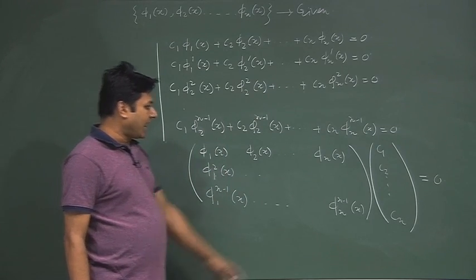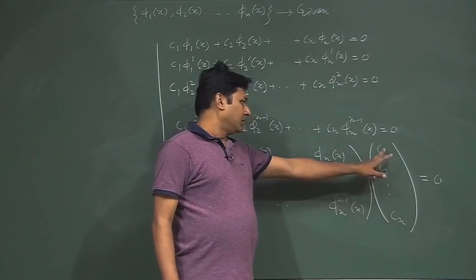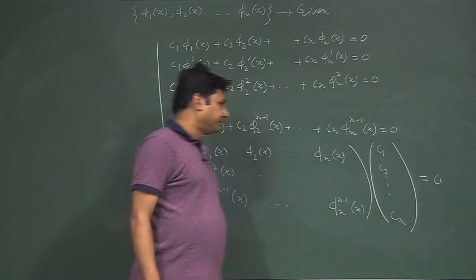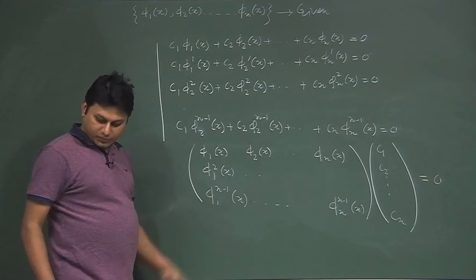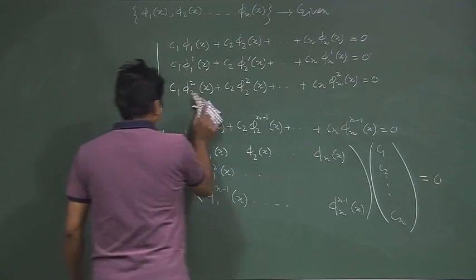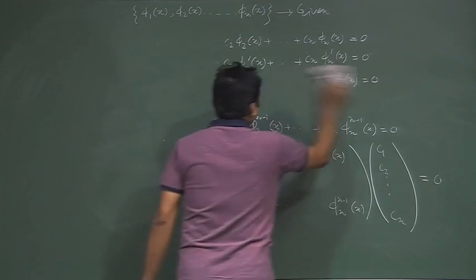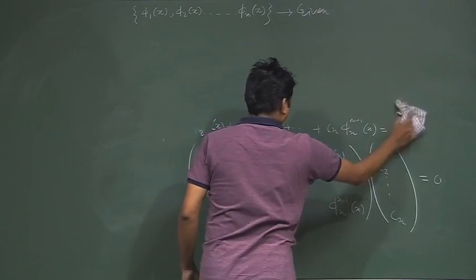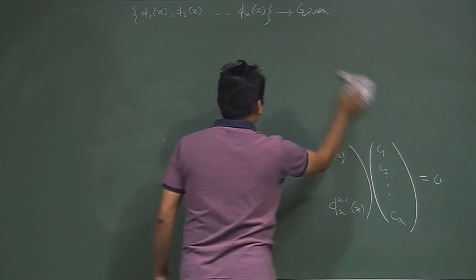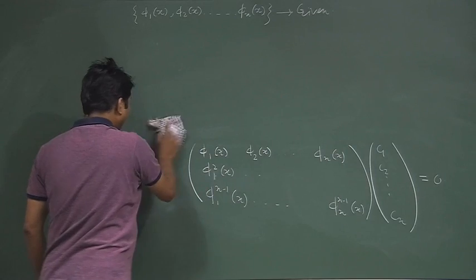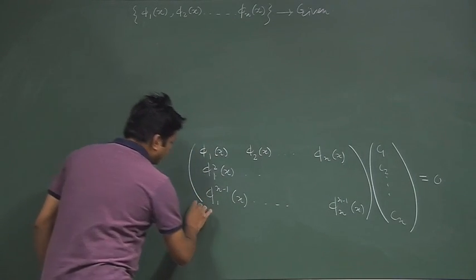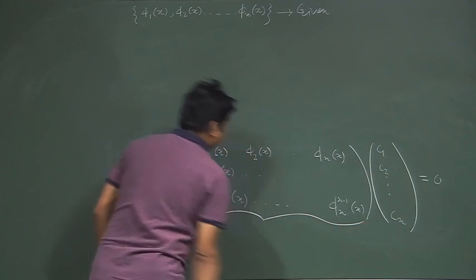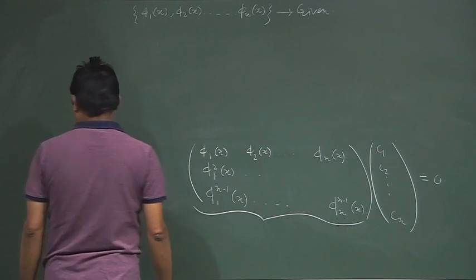So, in order to have a non-trivial solution, what will I get? For a homogeneous equation, I write this entire thing in a matrix form.